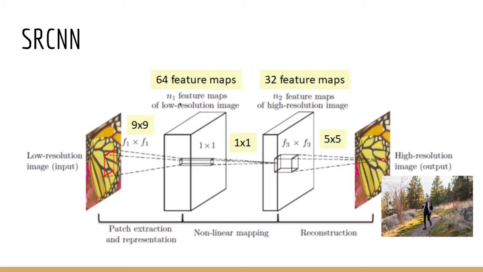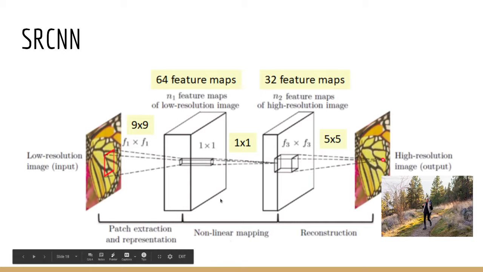9x9 filters are effectively very large filters that register large patterns within the image and create 64 feature maps. These 64 feature maps are effectively the representation of the whole image as to what is present. That representation can then be used to reconstruct another representation that is useful for upsampling to a high resolution image.